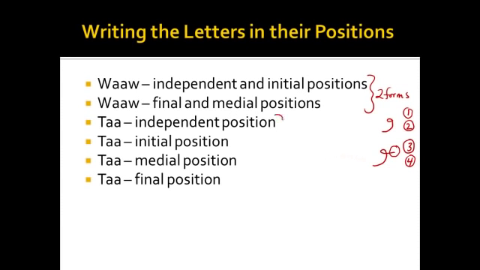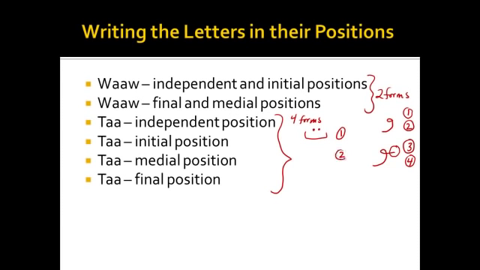Now, if we look at the ta, we'll see that the ta has 4 forms for each of the 4 positions. So for our independent position, the ta looks like the ba, but with 2 dots on top.